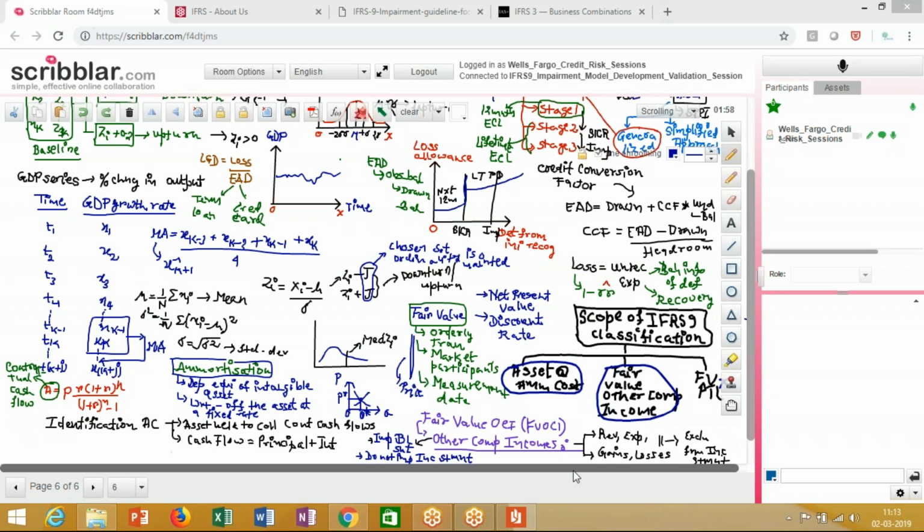Because at the end of the day, when you are looking into the behavior of the variable, the balance sheet is a time series variable, provisioning over point in time PD and all. So now you are putting in macroeconomic variables. What you need to do is predict the macroeconomic variables over the next some period of time, and then put them in. So when you're predicting the macroeconomic variables, that's where your time series models come into play.